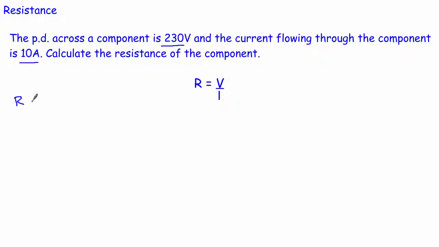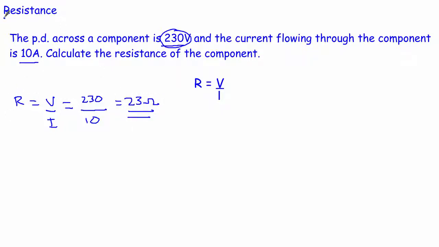So this is a very simple problem. R equals V over I. The potential difference is 230, and the current is simply 10, and if we work that out, then we end up with 23 ohms. So the resistance of this is 23 ohms.